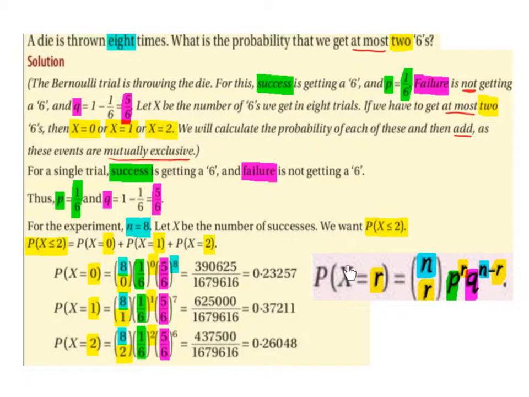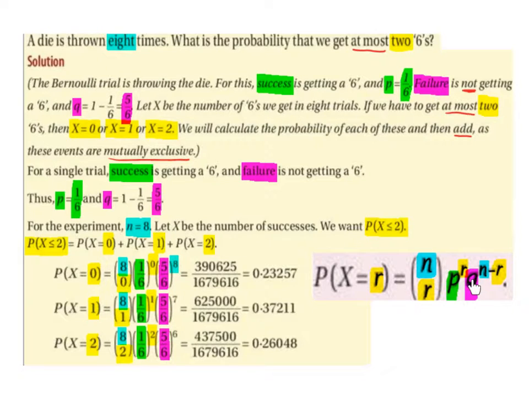So we're going to follow this formula, and we're going to swap the r for 0, then 1, then 2. We're going to swap the n for 8 each time, because it was 8 times that the die was thrown. We're going to swap the P for 1 over 6.